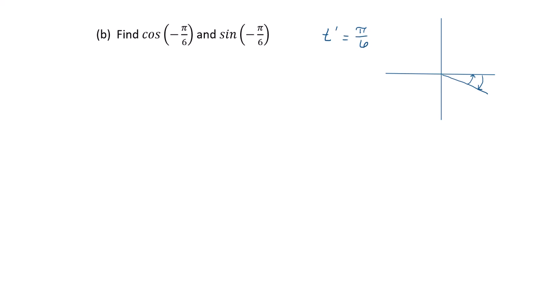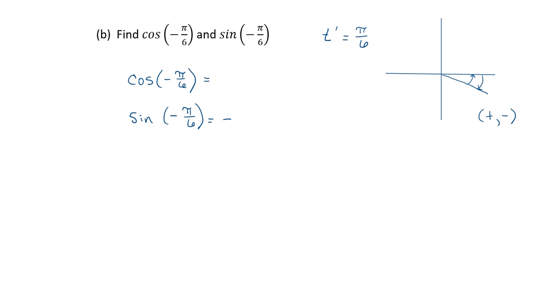But here in that fourth quadrant, we know that the cosine is positive and the sine is negative. So the cosine of negative pi over 6 is going to be positive, and the sine of negative pi over 6 is going to be negative.